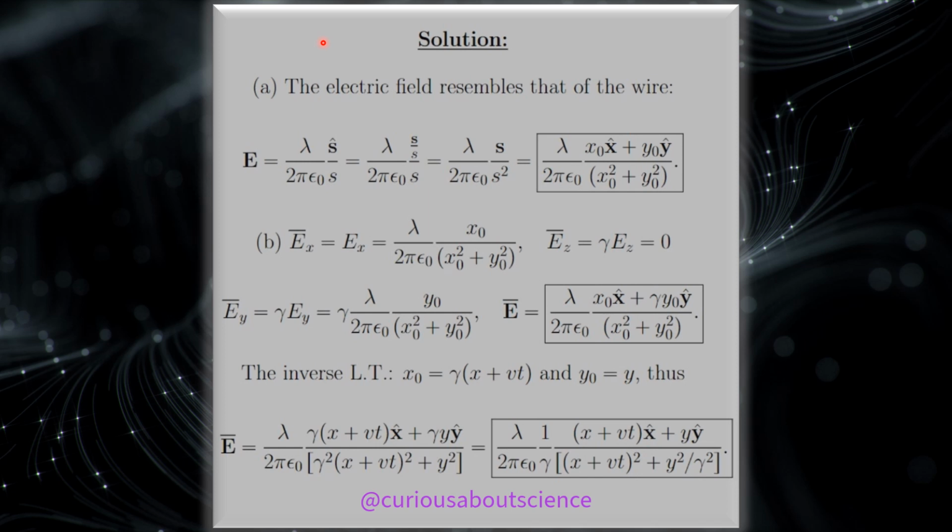We were able to transform the x naught component to x, v, and t for the other coordinate system, S bar to S. We do that for y as well, so y naught goes to y. In the denominator we have to be careful, because we have to square both the gamma term and the x plus vt term. So all of this has to be squared.